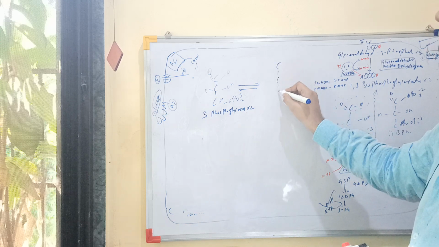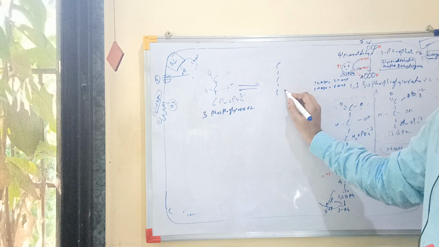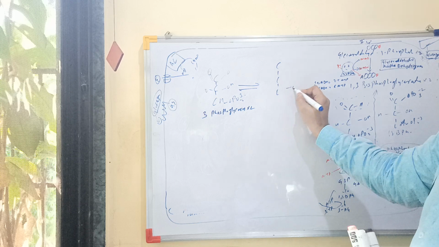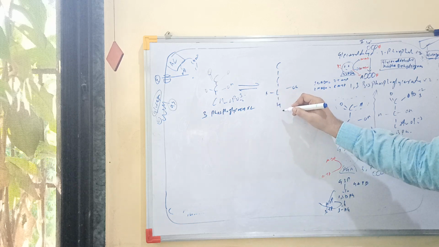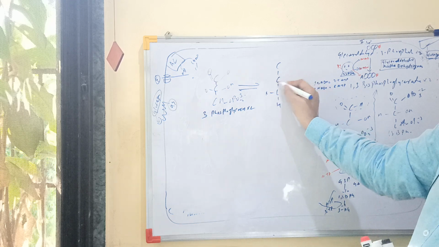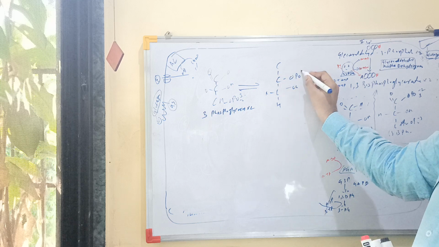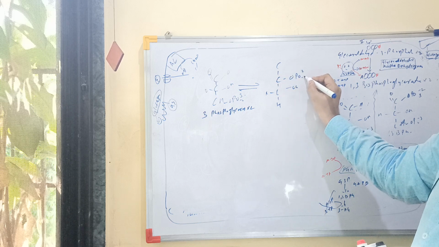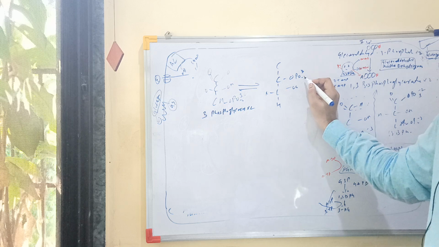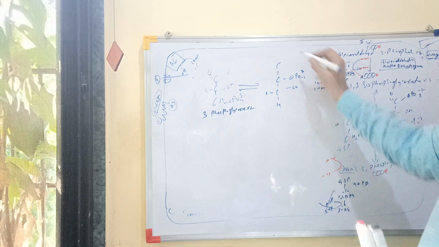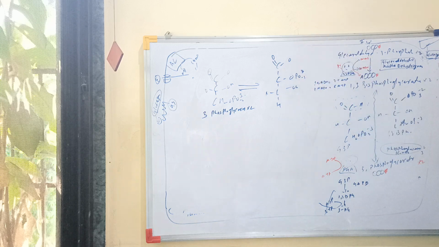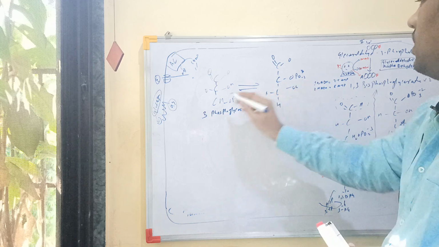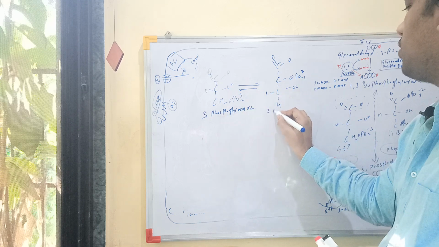So here it was first. Fill up the valency completely. Okay, here your phosphate group will come, and here the acidic group.